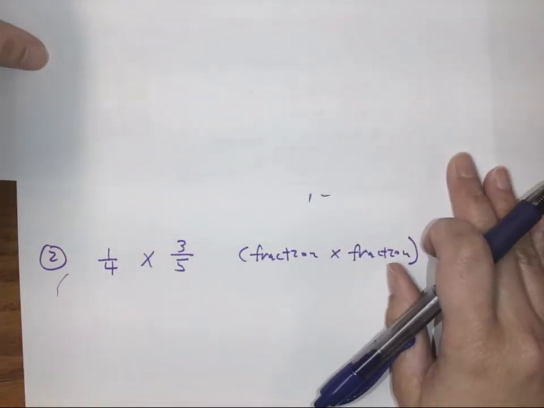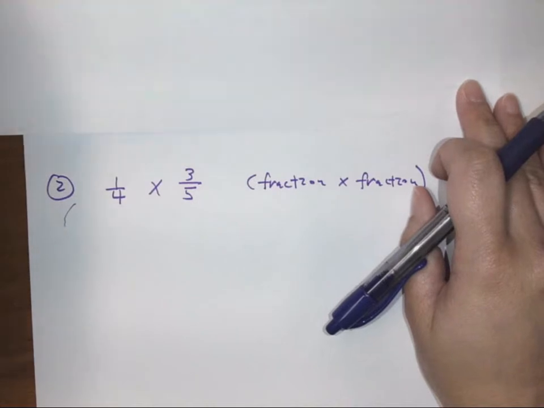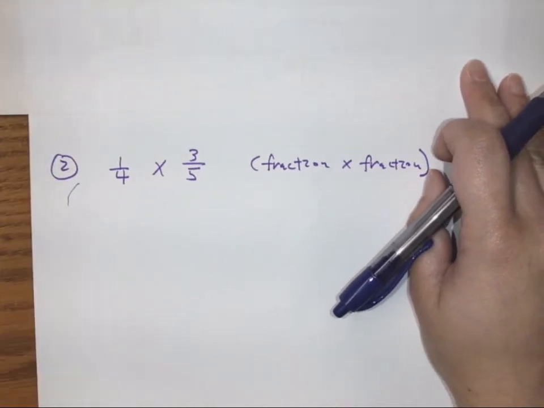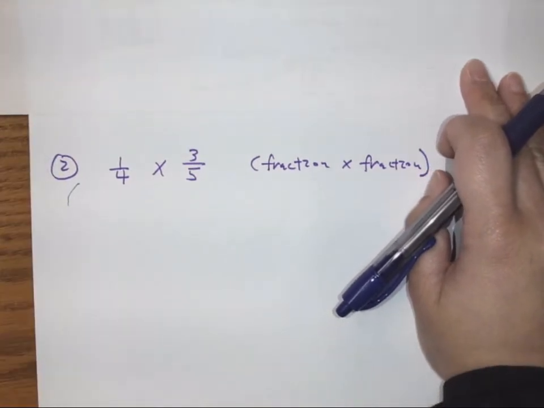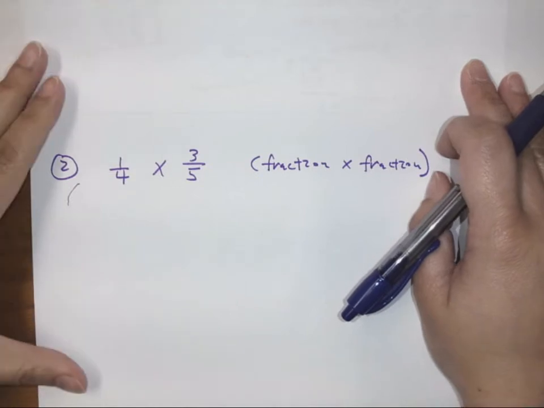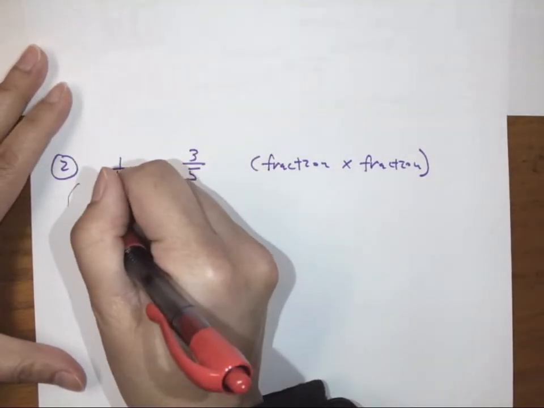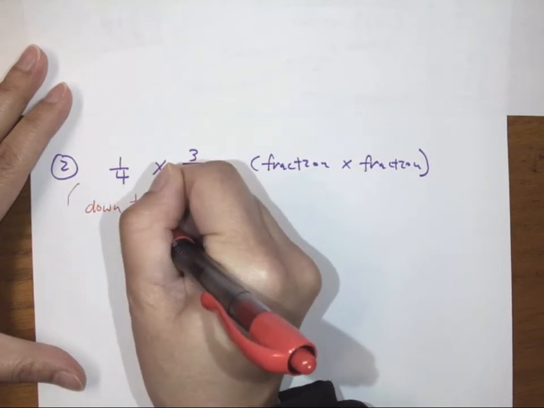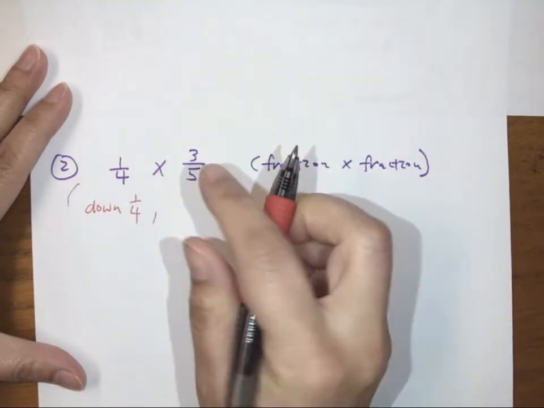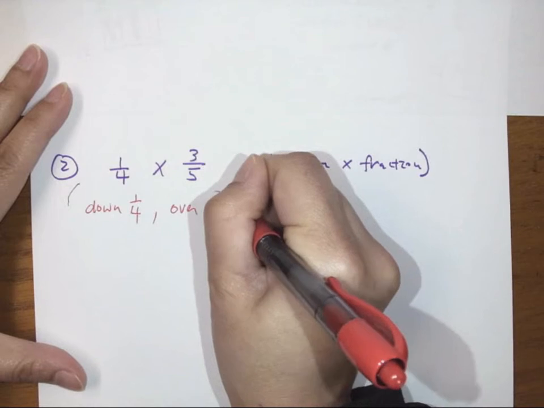If you need to pause the video, feel free to do it. But we're going to work on the next one. Going to copy this one, maybe less confusing. Okay, not distracting. So this time we have a fraction times another fraction. With the rectangular area model, the first number means what? We go down this many units, and then the second number is go over this many units.